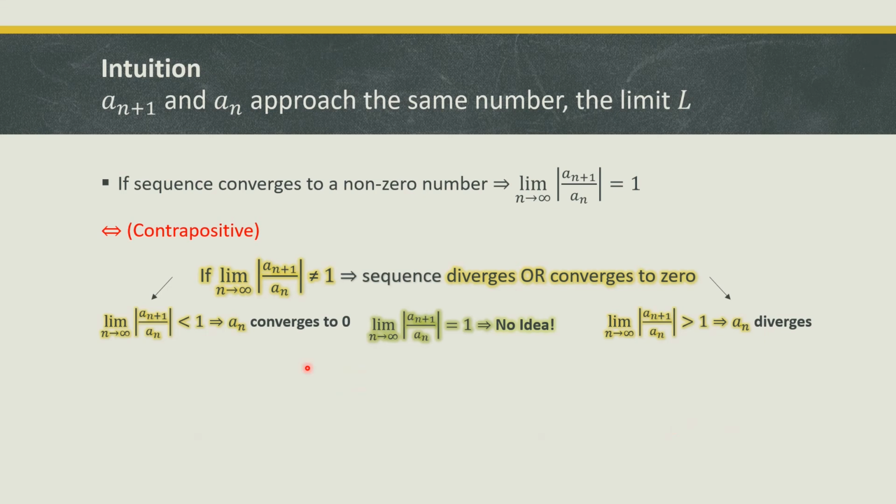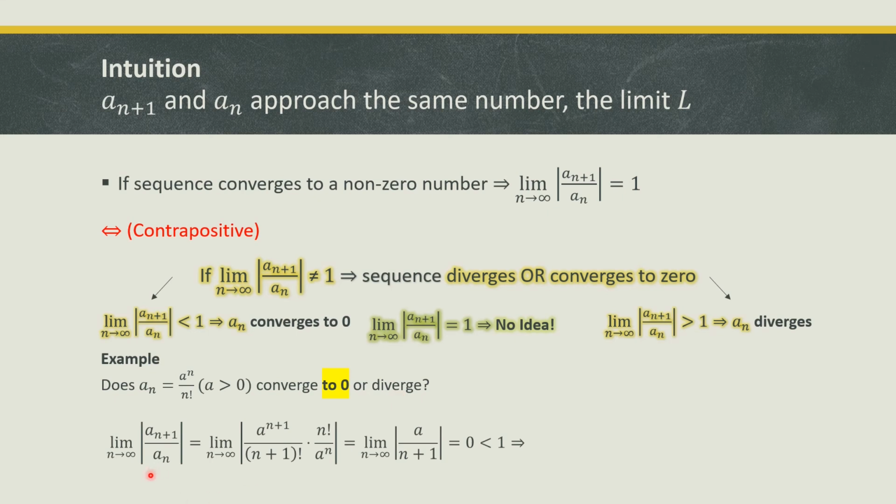Now we're down to our last example, a to the n all over n factorial. So does this converge to 0 or does it diverge? Again, we just write the ratio first, and we substitute the n plus first term and the nth term. This is what we get, and we see that a raised to the n plus 1 and a raised to the n cancels.